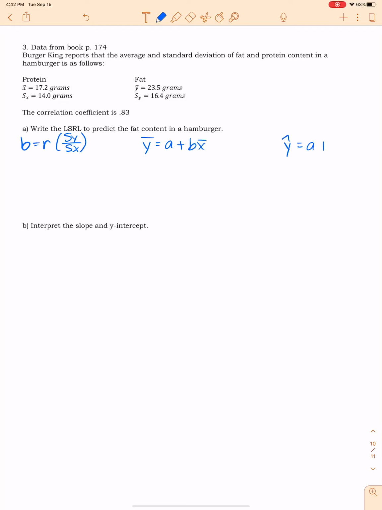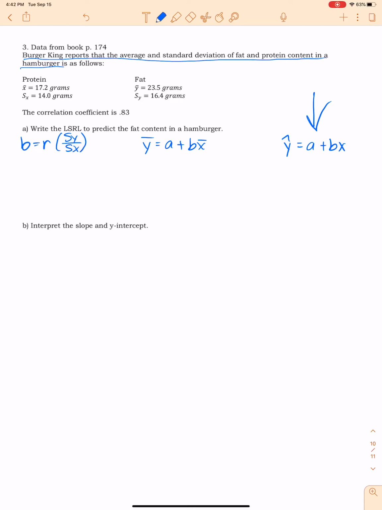Okay, so if you need to write the LSRL, of course, that's going to be this equation right here. But in order to write the LSRL, you must have the slope and y-intercept. So if you'll notice this, Burger King reports the average and standard deviation of fat and protein content in a hamburger as follows.